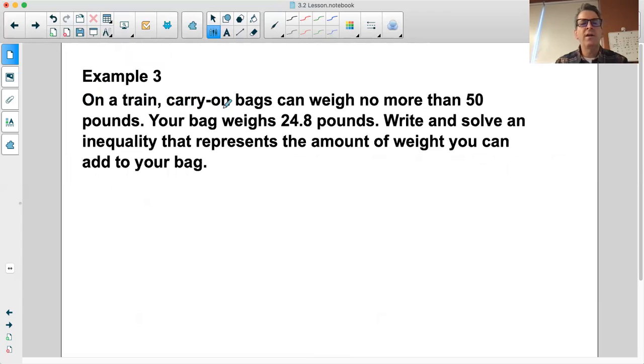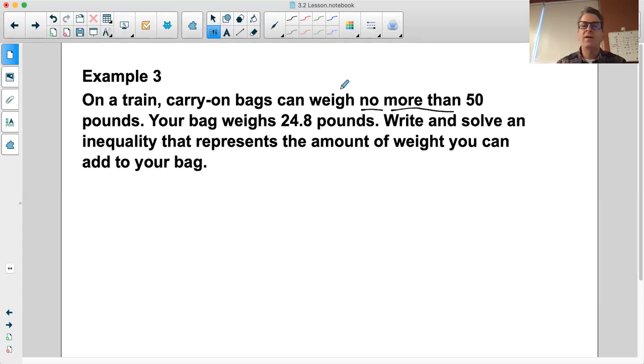On a train, carry-on bags can weigh no more than 50 pounds. Your bag weighs 24.8 pounds. Write and solve an inequality that represents the amount of weight you can add to your bag. So on a train, carry-on bags can weigh no more than 50 pounds.